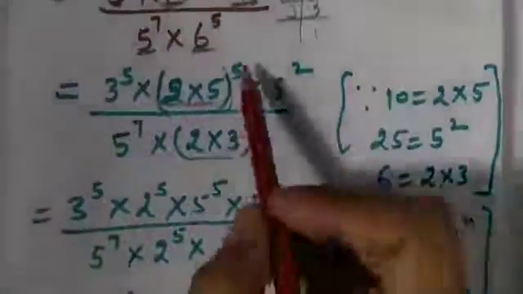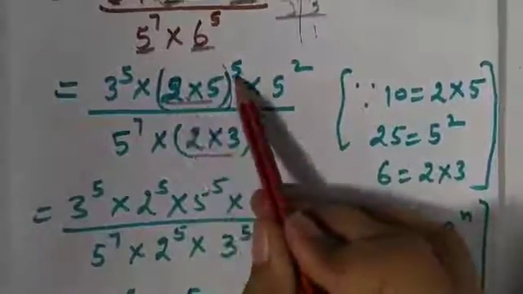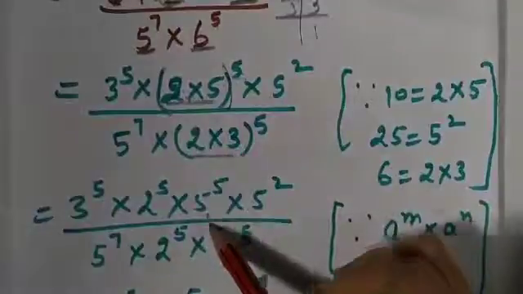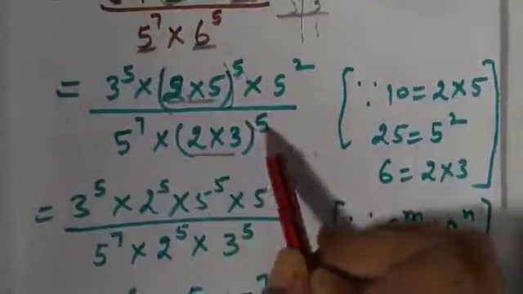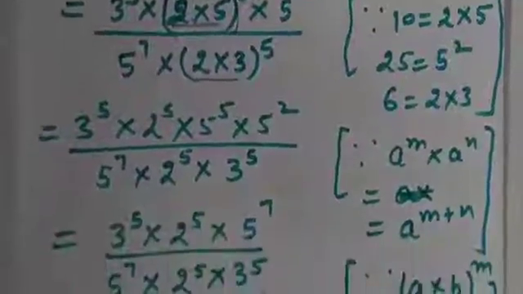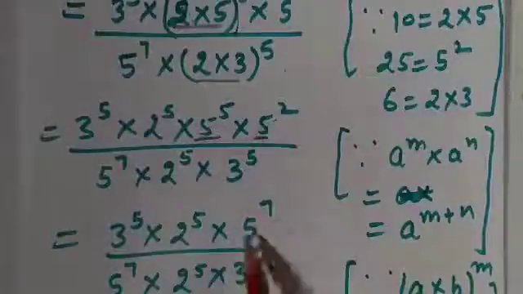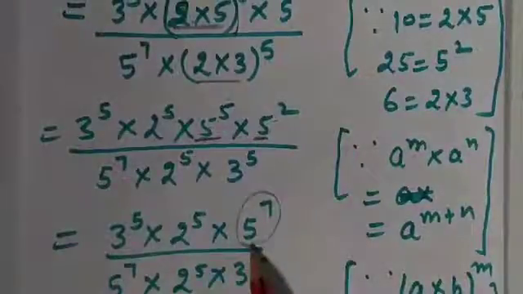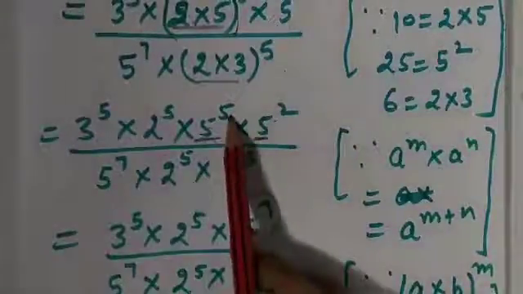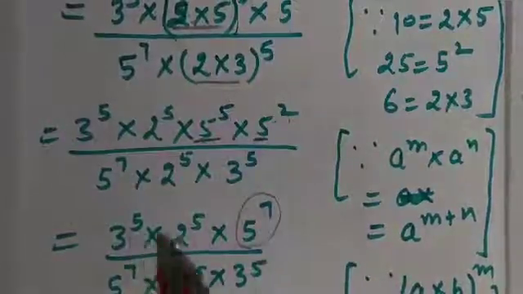Now just distribute the power to each number. So it will be 2 raised to the power 5 and 5 raised to the power 5. In the denominator also 2 raised to the power 5, 3 raised to the power 5. Now in the numerator I observe that these bases are the same, so the powers get added. 5 to the power 5 into 5 to the power 2, I have added the power, and this remains the same.